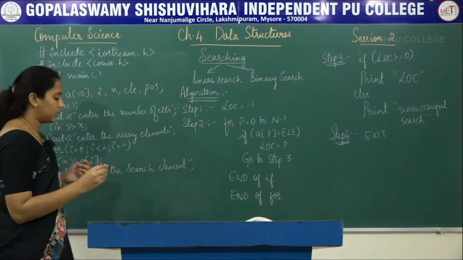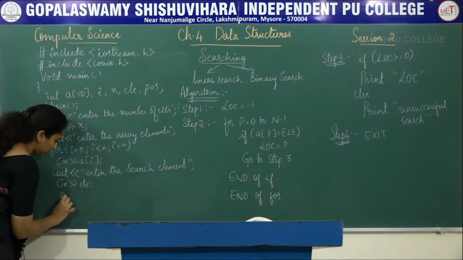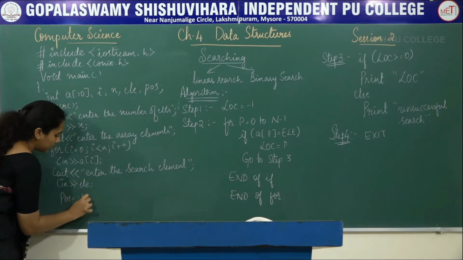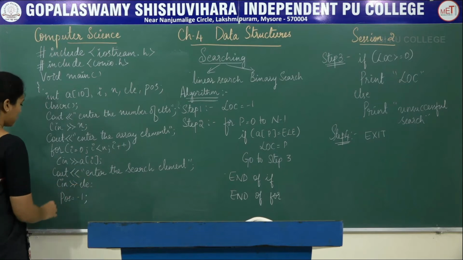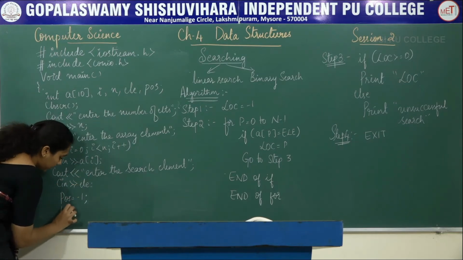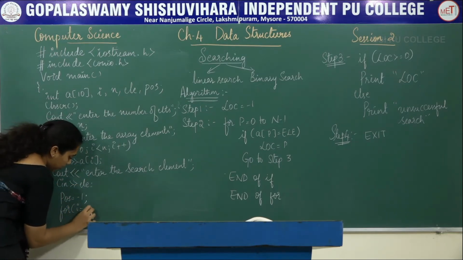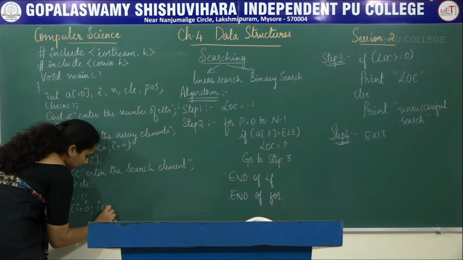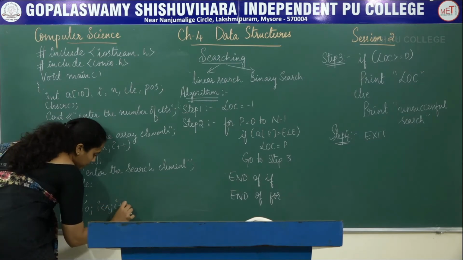After that, position is equal to -1. Next, a for loop: for i equal to 0, i less than n, i plus plus.